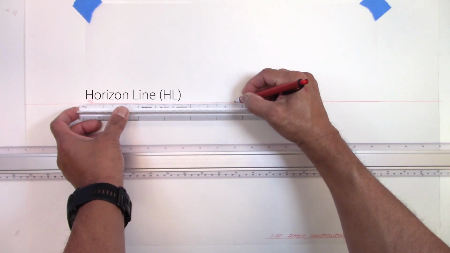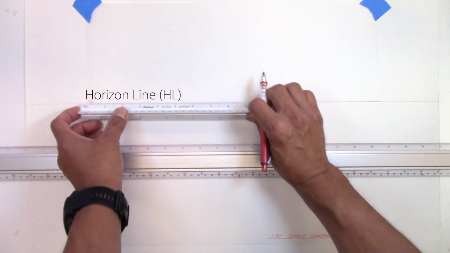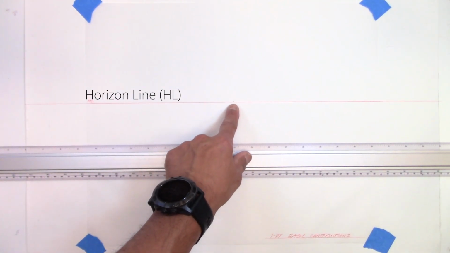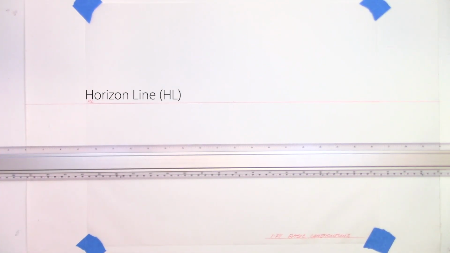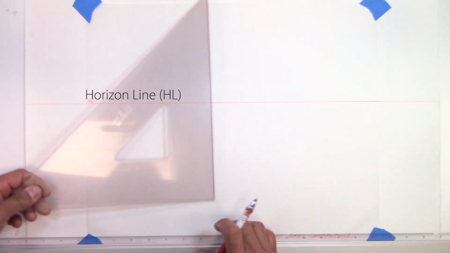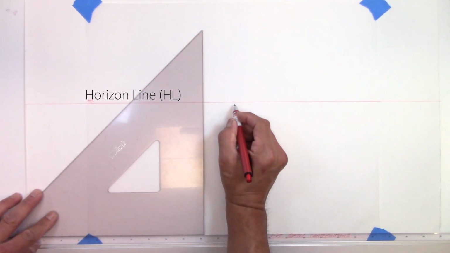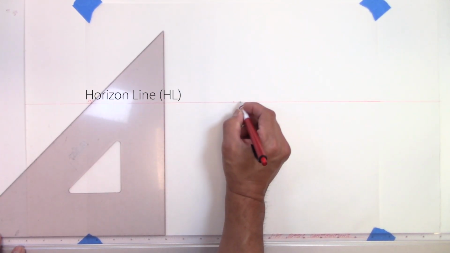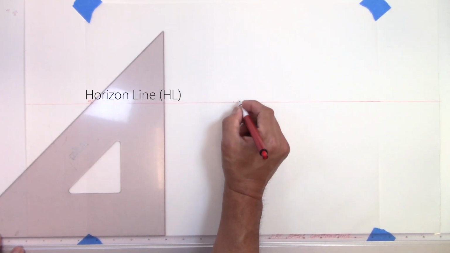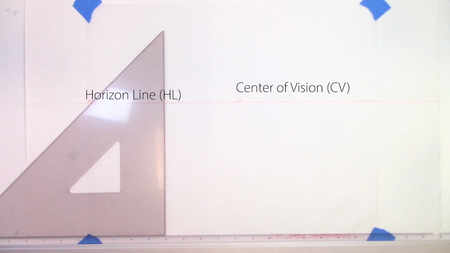You can put 8.5 right here. That's the exact midpoint if you had to measure it. I don't usually measure my midpoint. This will represent a vanishing point, but this is also our center of vision, CV.